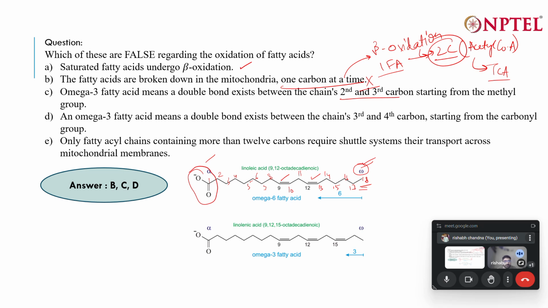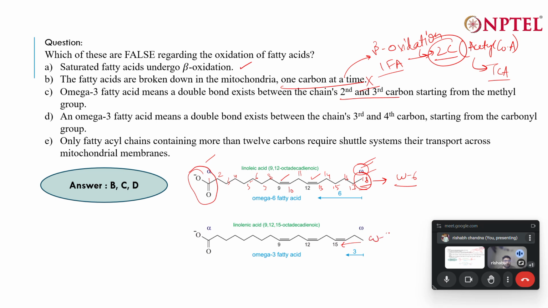The omega nomenclature starts from the methyl group and counts to where the double bond starts. The first double bond is at the sixth carbon from the methyl group, so that means this is an omega 6 fatty acid. In case of omega 3, the third carbon from the methyl group would have the double bond.